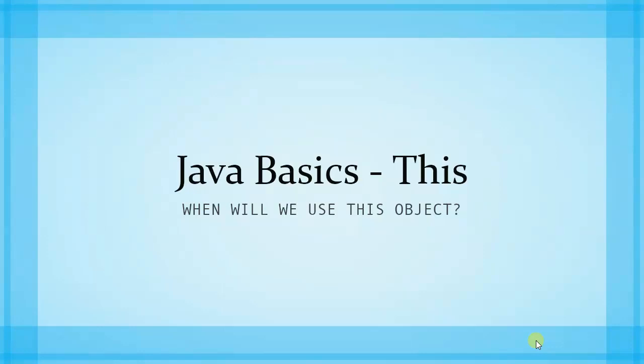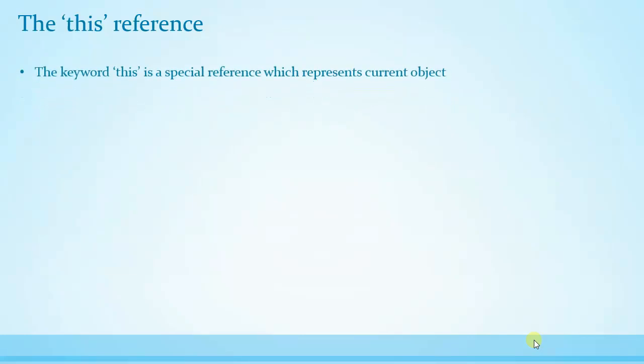Hello there. In this video we are going to look at how the this reference works in Java. The keyword this is a special reference which references the current object.